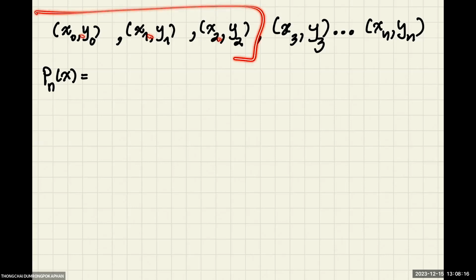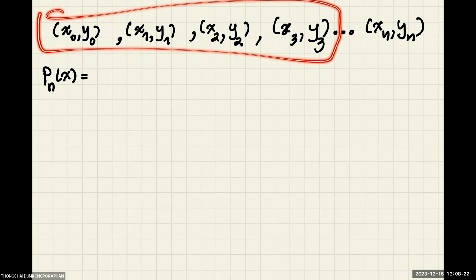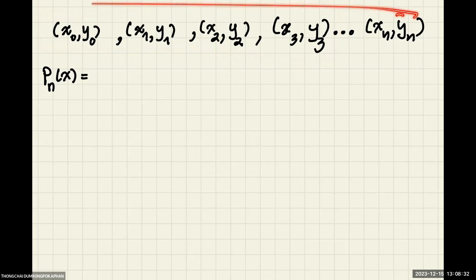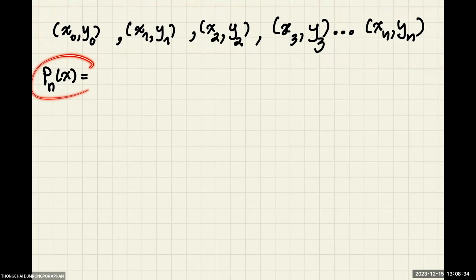If I give you 3 points, you fit with a polynomial of degree 2. If I give you 4 points, you fit with a polynomial of degree 3. N plus 1 points fit with a polynomial of degree n.